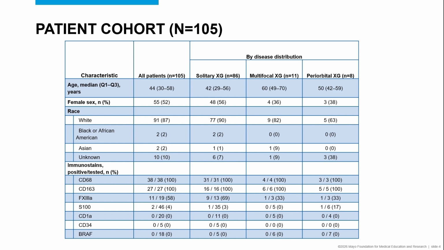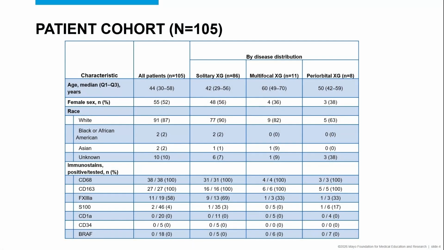Initially, I had folded the patients with periorbital disease into the other two groups, but I separated them out after further review, just because these patients were handled differently than the patients with solitary or multifocal disease at other sites. In terms of demographic breakdown, their age, sex, and race were not statistically significant across the three subtypes. And then below are the immunostains that were tested, how often they were tested, and the frequency of positivity.